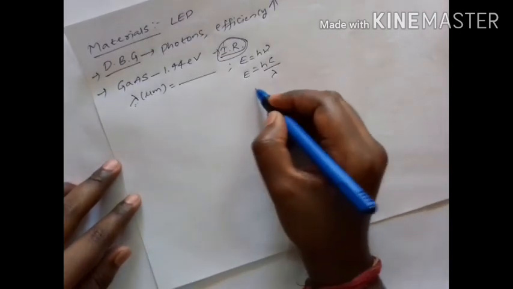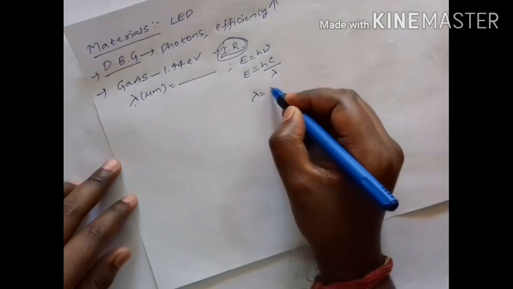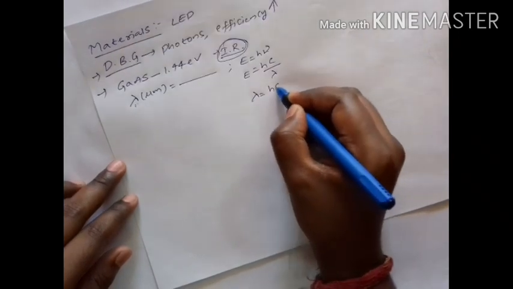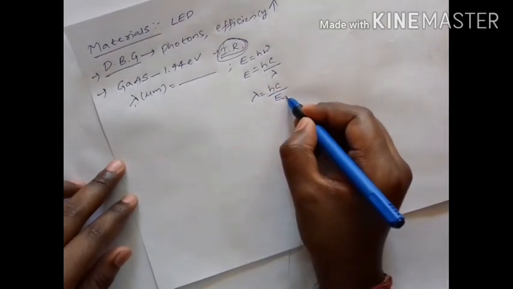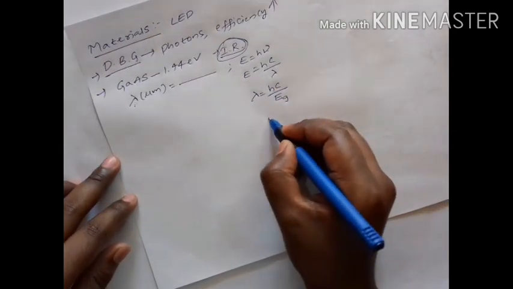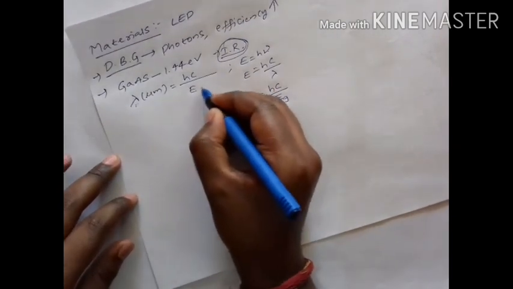What we need is the wavelength emitted from the semiconductor. So it can be written as hc by E, where here E we will consider as Eg. So our formula becomes hc by Eg.